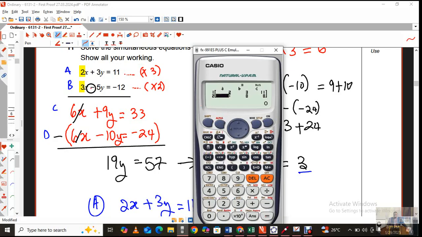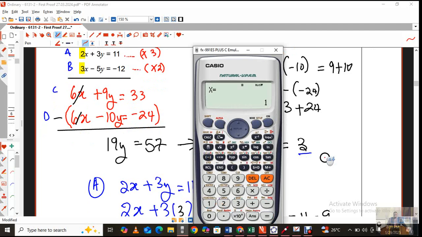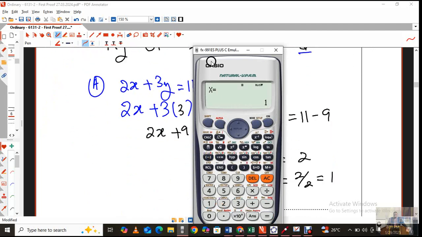Now I'm going to the second equation. My a, the one in front of x, is going to be 3, hit equal to. And my b is negative 5, hit equal to. And here I have negative 12, hit equal to. Now when you press equal to, x is equal to 1, which is what we have.